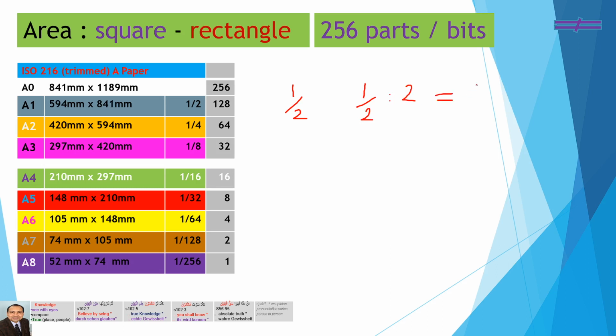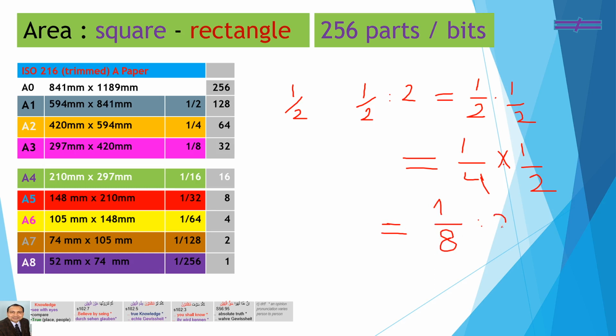So this is equal to 1 by 2, and then 1 by 2, so equals 1/4. Divide this by 2, so you can write divide by 2 as 1 by 2 multiplied by 1 by 2. So now you have 1/8.